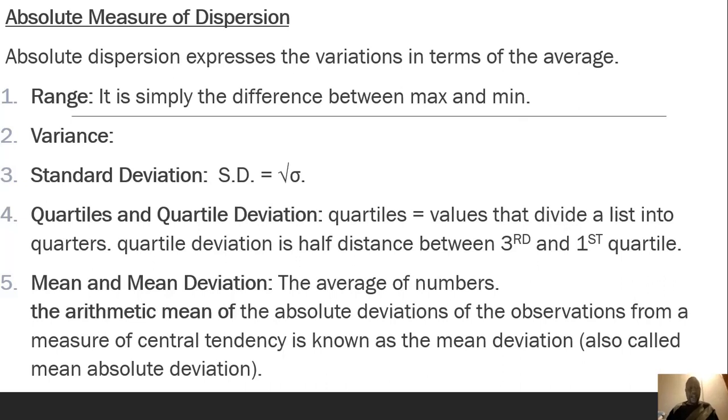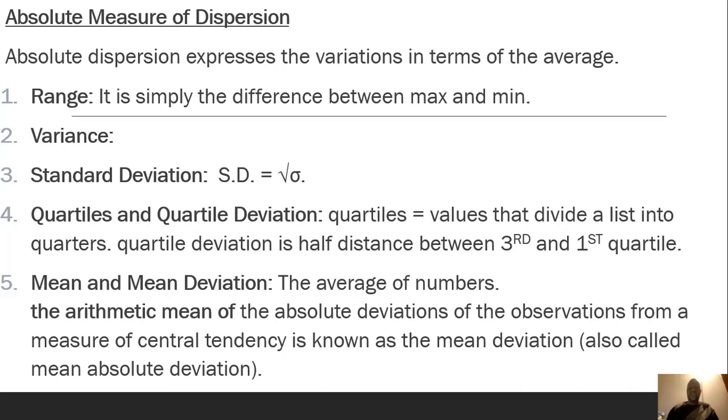Then we have other types of measures of dissipation, such as the quartiles and the quartile deviation. The quartiles are values that divide a distribution into quarters. And the quartile deviation is simply half the distance between the third quartile and the first quartile of the distribution. So Q3 minus Q1 divided by 2, that will be the quartile deviation.